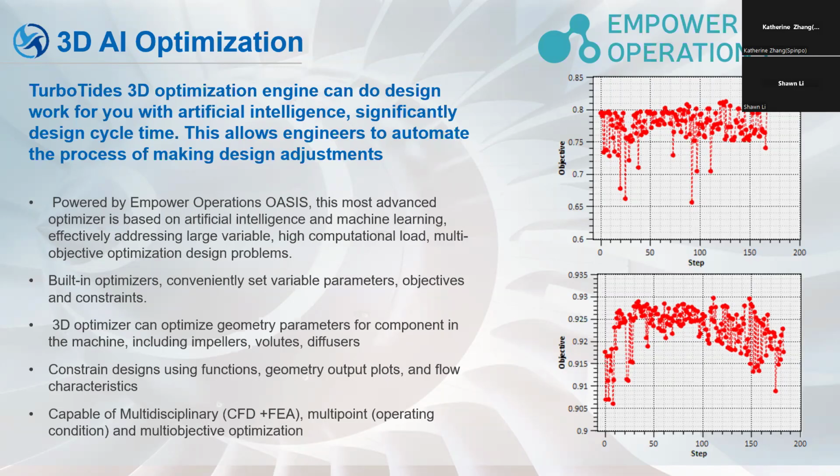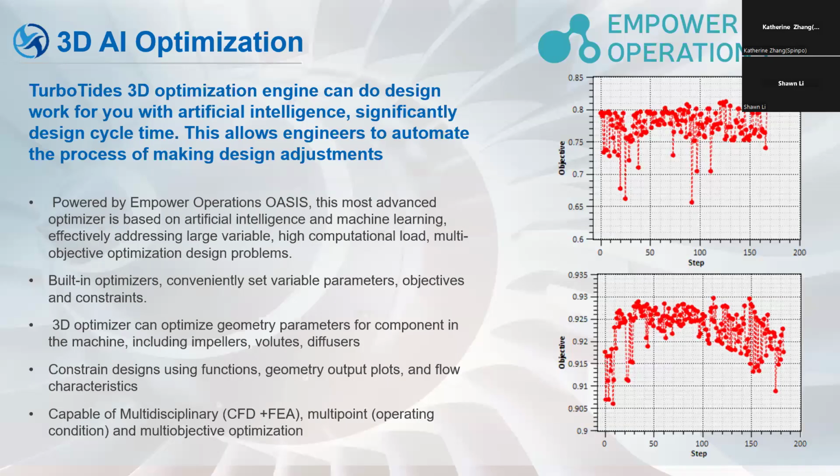With this 3D optimizer tool that we've integrated into TurboTides, the user can set an objective like maximizing efficiency. They can set the variables, things like the blade angles, the thicknesses. They can set constraints over things like the pressure ratio or the head rise. And the optimizer will automatically make modifications to the variables to achieve the objective using its AI optimizer.